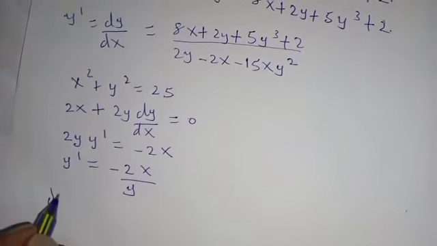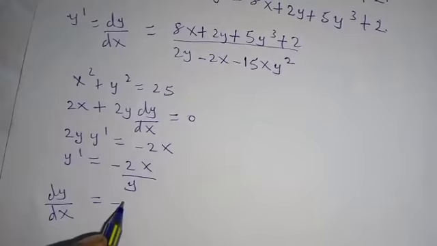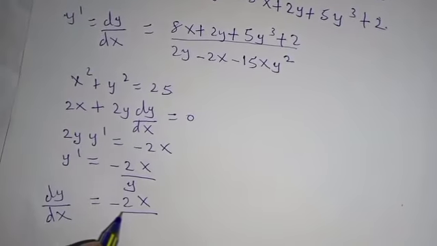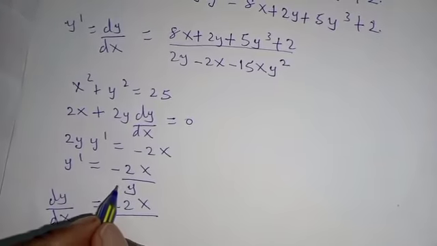So dy over dx is equal to negative 2x divided by, now this is 2y here, sorry, 2y.